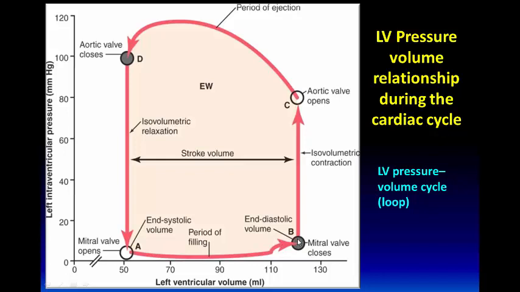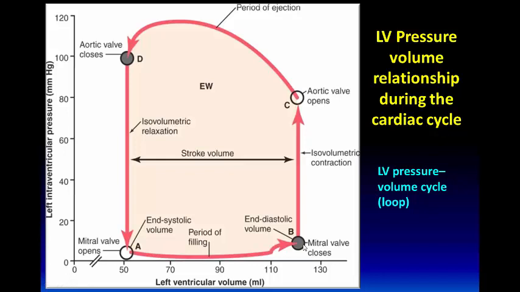Then the left ventricle begins systole, and the first phase of systole is the isometric contraction phase. And at the beginning of the isometric contraction phase, the left ventricle closes the mitral valve.